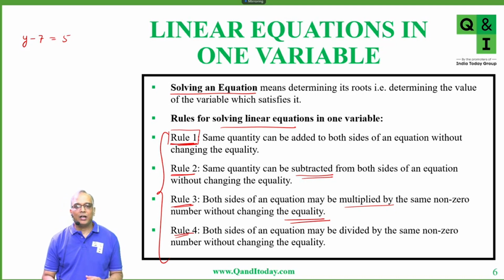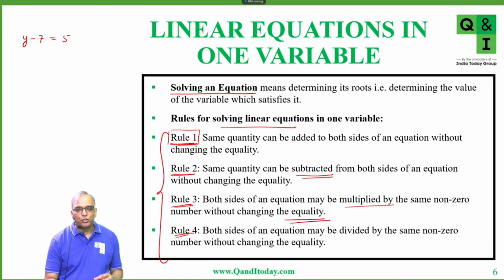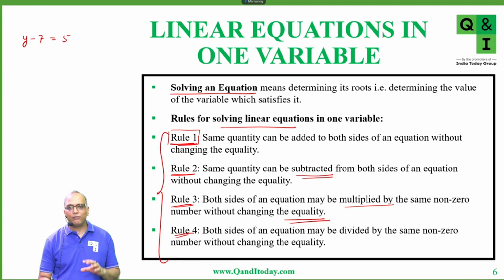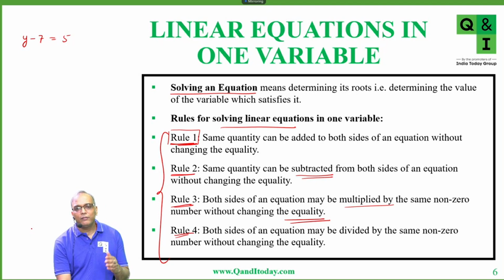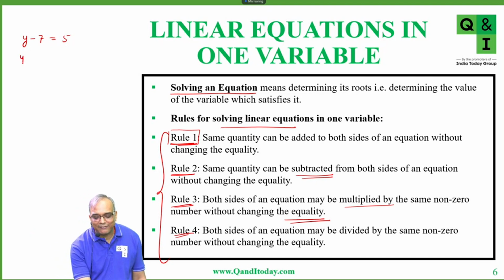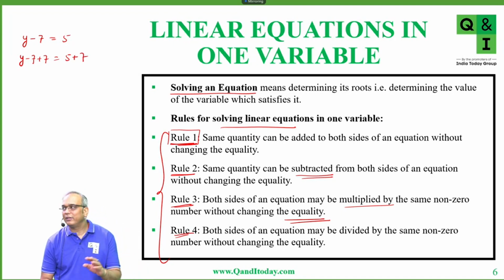Now solving an equation means finding the value of the variable. Means you will have to isolate y on one side. Now here with y you can see minus 7 also. So what we'll do, we will add 7 to both the sides so that this minus 7 gets cancelled here. To cancel this minus 7, you will add 7 on both the sides.